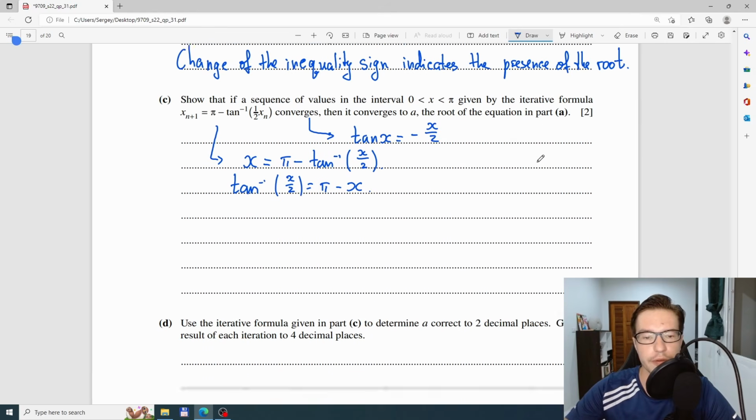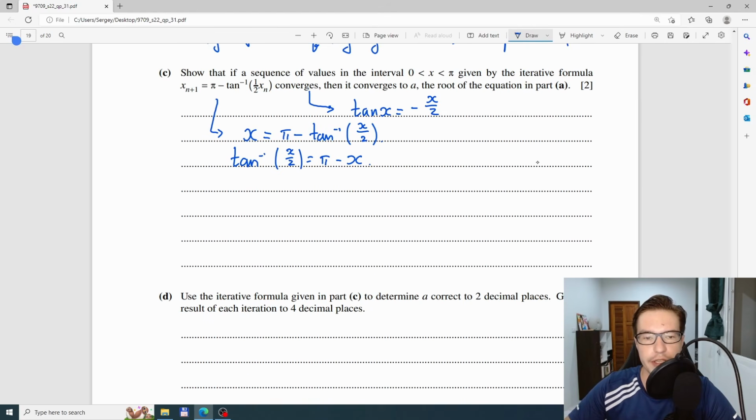Now, I want to get rid of the inverse tangent, so I will take tangent of both sides. Tangent and the inverse tangent will cancel out, so I'll get x over 2 equals tangent of pi minus x.